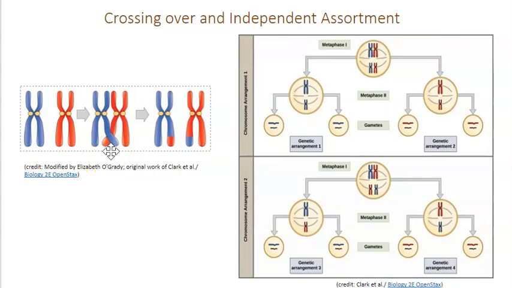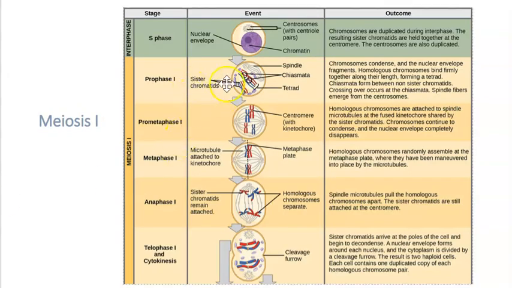That ensures that the gametes formed are genetically different from one another, because they won't have identical chromosomes, because of this genetic material exchange. So crossing over happens here in prophase 1.